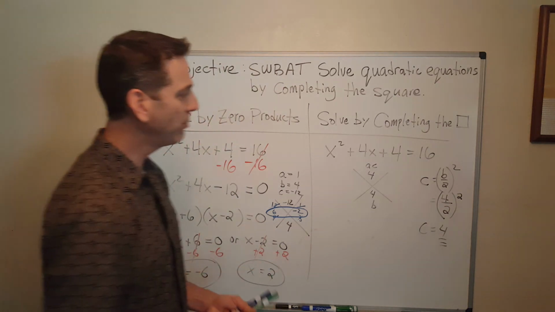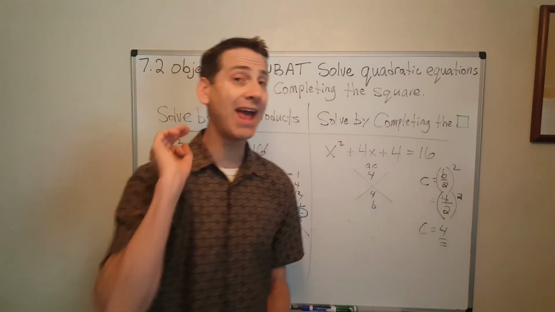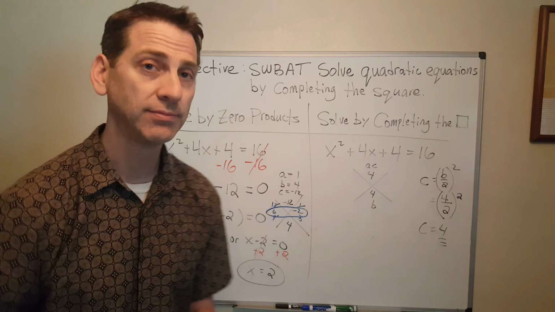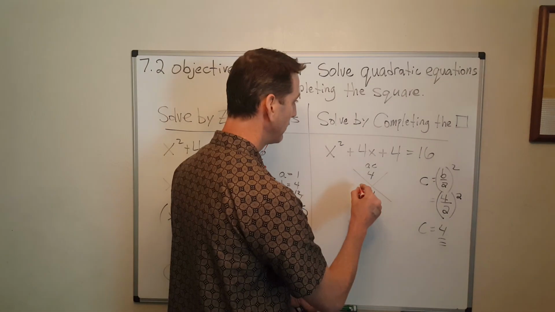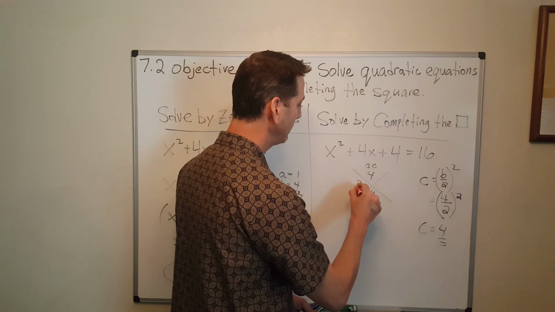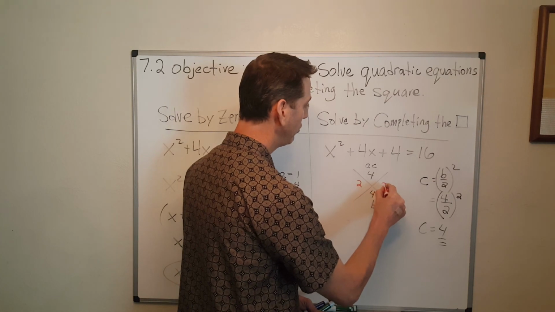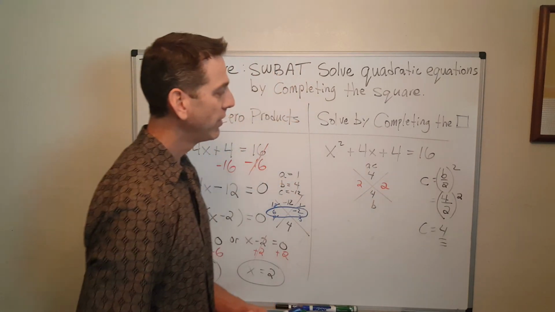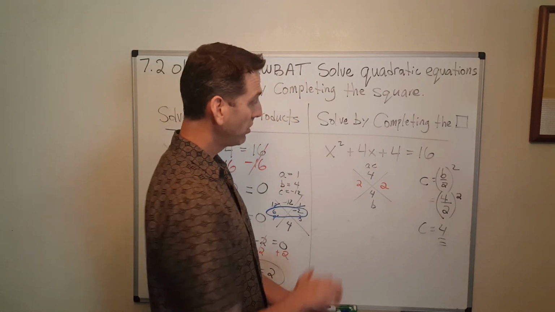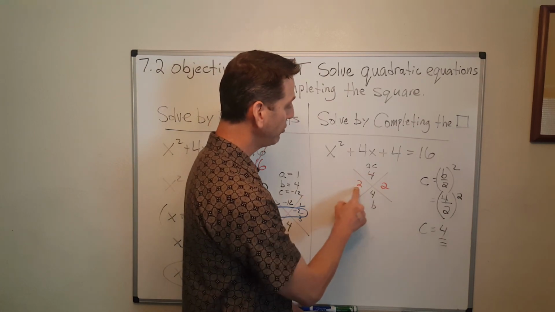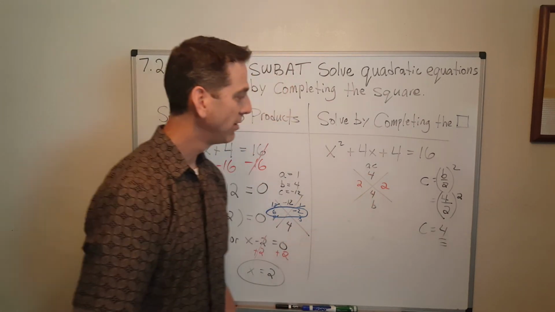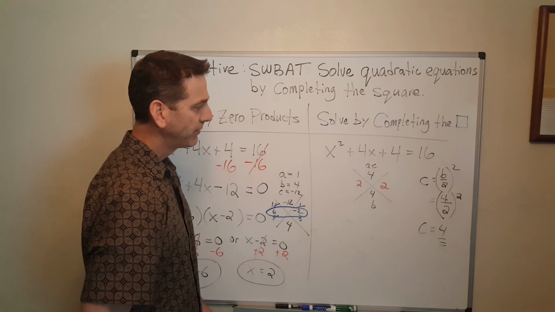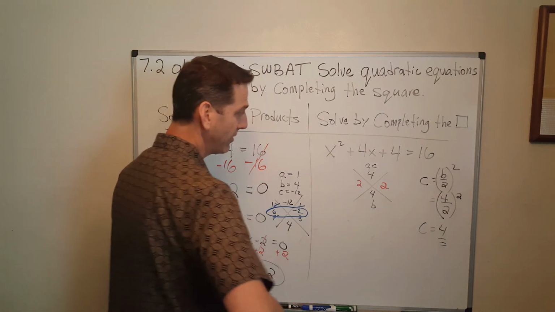Okay, so what two numbers multiply to give me 4 and add to 4? Well, you guessed it. It's 2. All right? So 2 times 2 is 4, and 2 plus 2 is 4. Okay? So then we can just factor this.